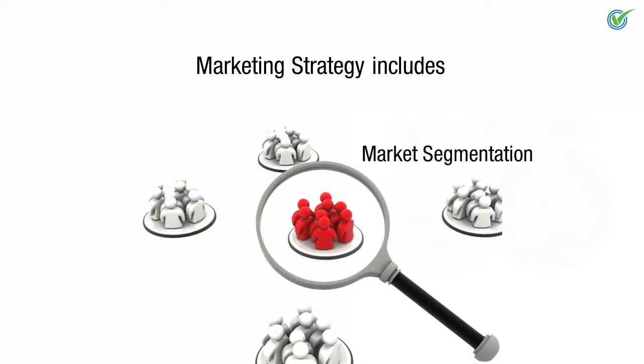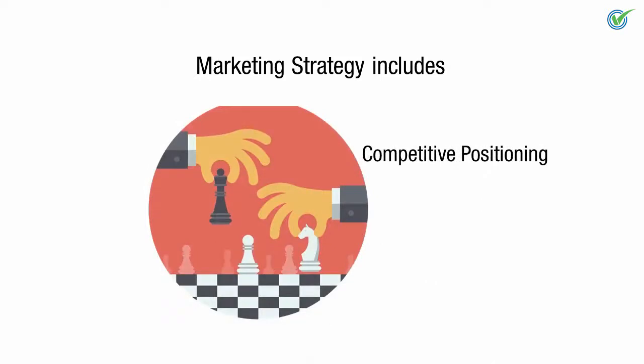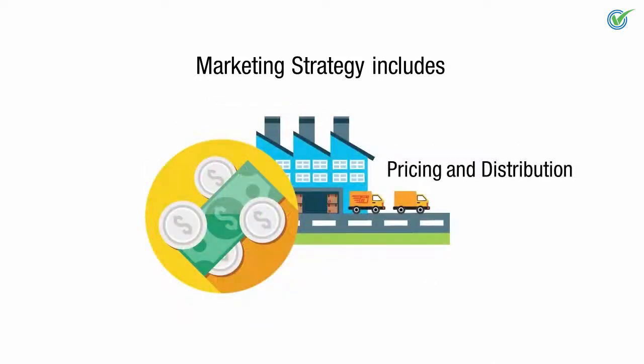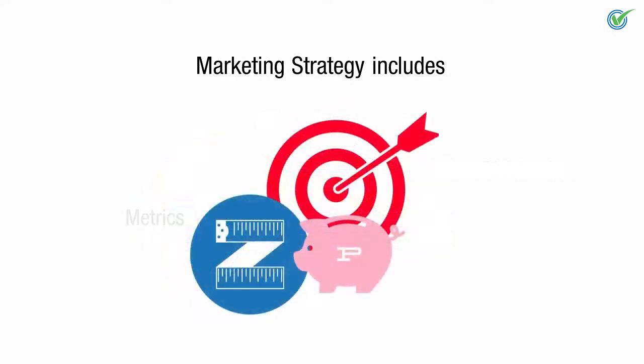Identifying and segregating prospective buyers into market segments based on common needs, defining competitive positioning to satisfy specific customer needs, creating pricing and distribution strategies, and defining the metrics, objectives, and corresponding budgets for implementation, evaluation, and improvement of all marketing activities.